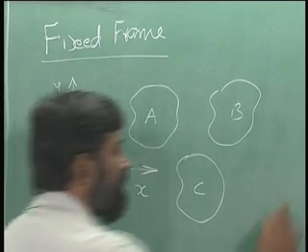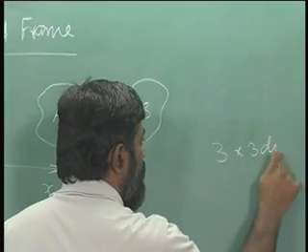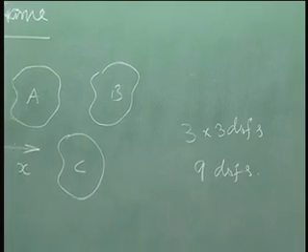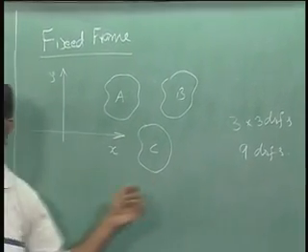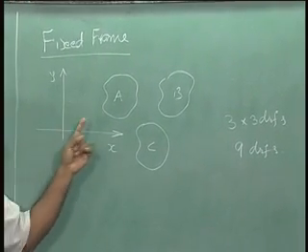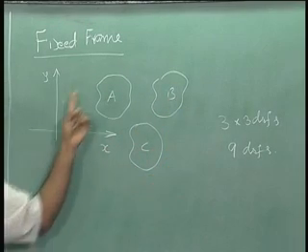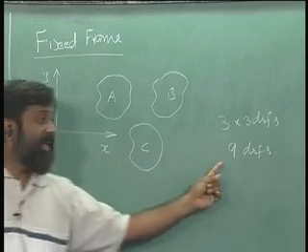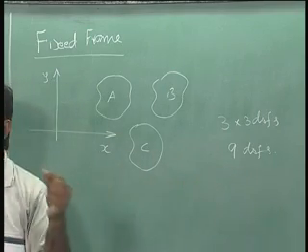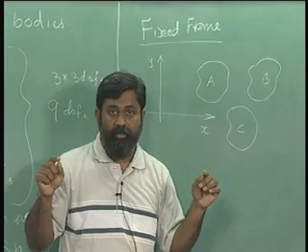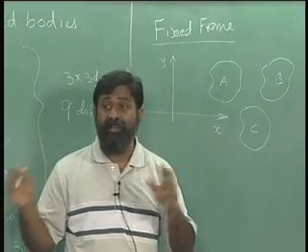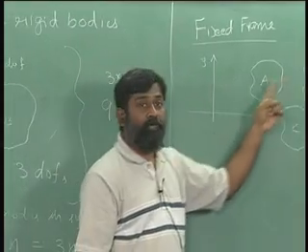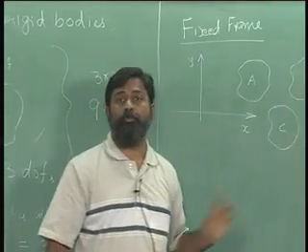In this particular case I will have 3 times 3, which means 9 degrees of freedom. What does this mean? This means that if I need to define the motion of this system of rigid bodies, I need to have 9 different values. I am again repeating it, 9 independent values that I have to use in order to define completely the motion of this system of bodies.